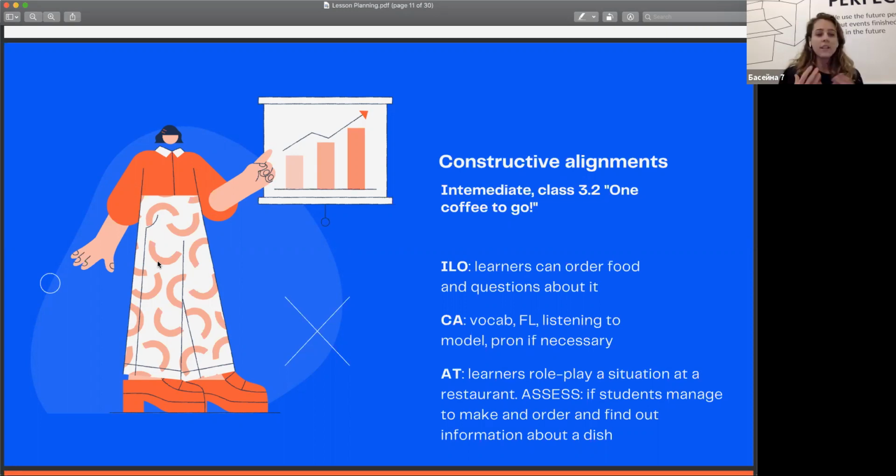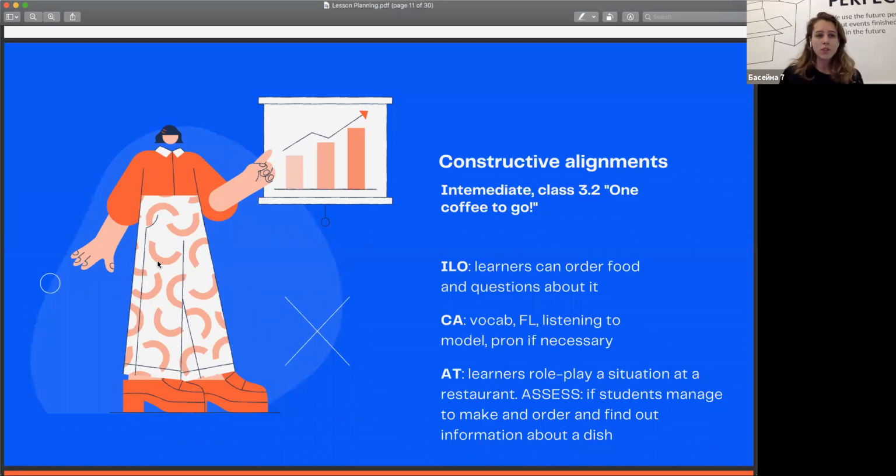Classroom activities. So what I will use to achieve those intended learning outcomes. It can be some vocabulary. Obviously, vocabulary will be related to the topic food, if I need it. Again, I know my students. Functional language that will have focus on the phrases and chunks that students need to use to order food.